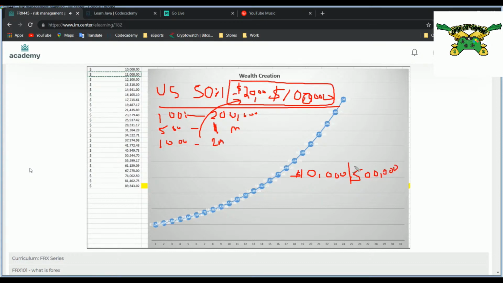On a $10,000 account, you could technically have 500,000 if you leveraged it correctly, 50 to 1. Essentially, you're doing 2,000, which is 100 times 5, it's 500,000.